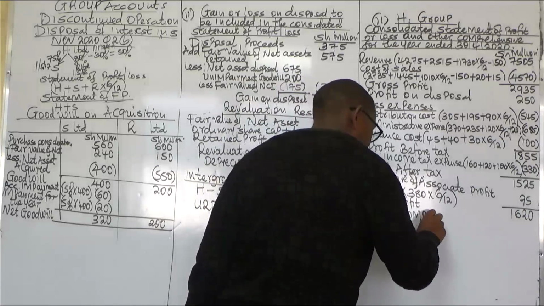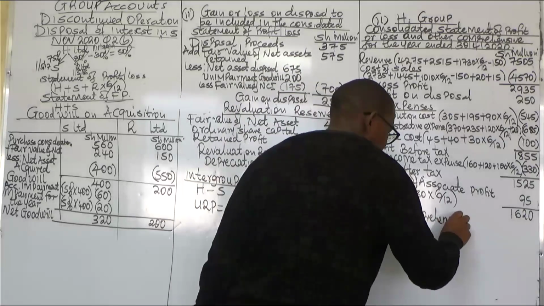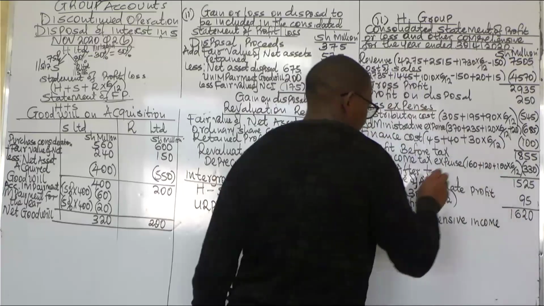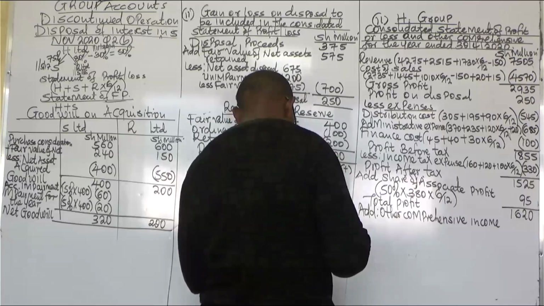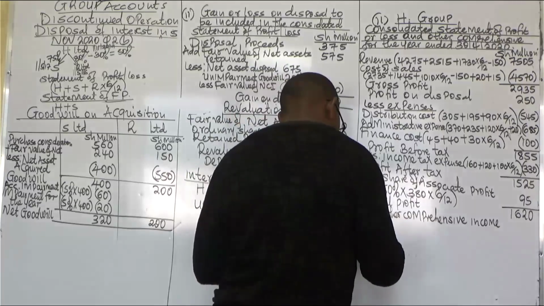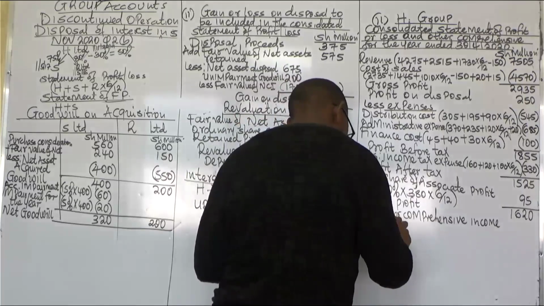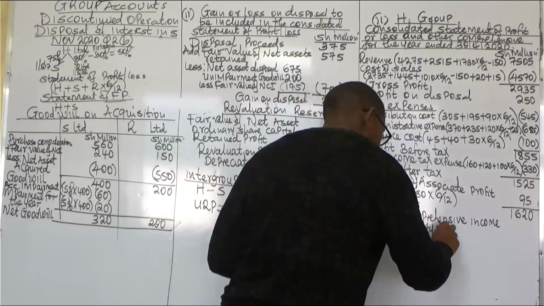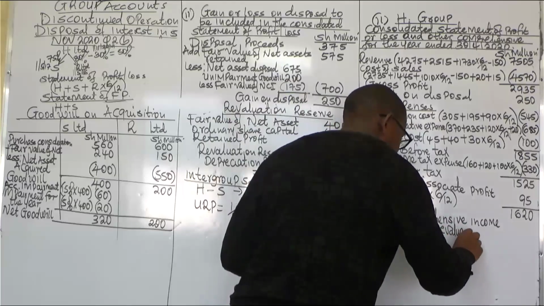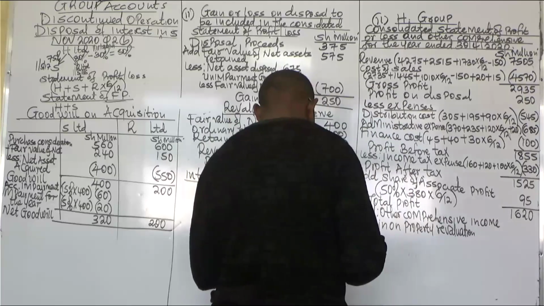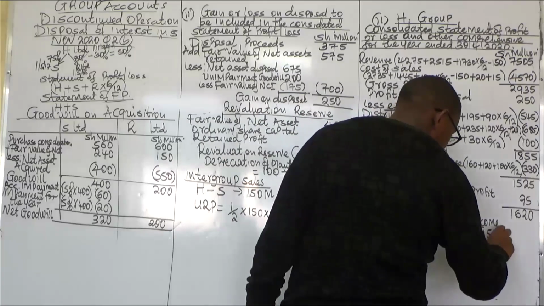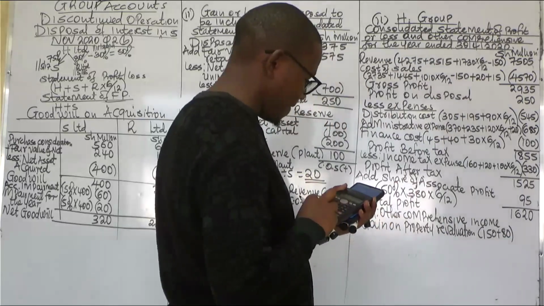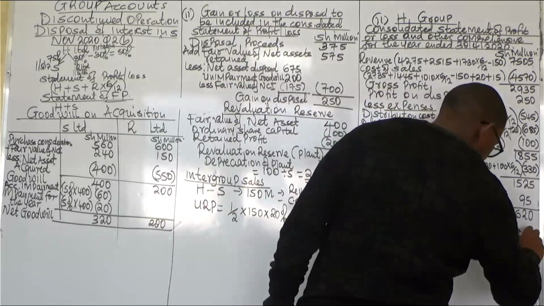Comprehensive income. Other comprehensive income here, the gain on property revaluation. Gain on property revaluation will be the 150 plus 80. How much? 230.